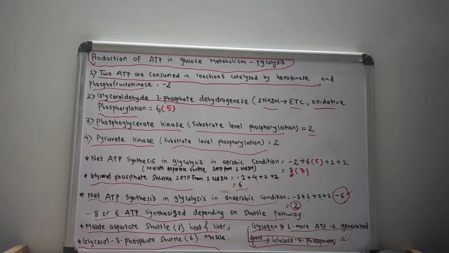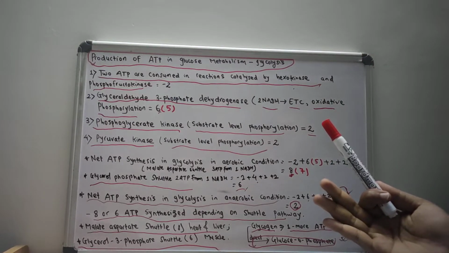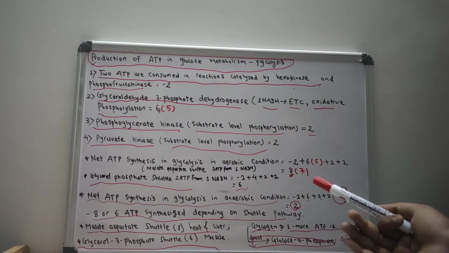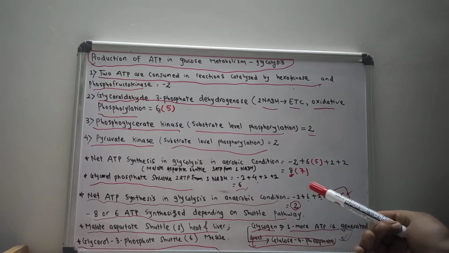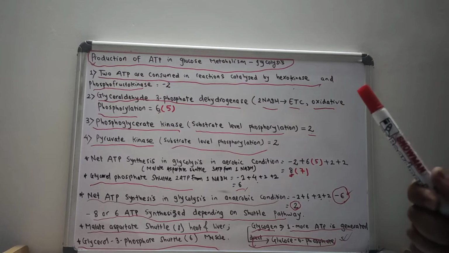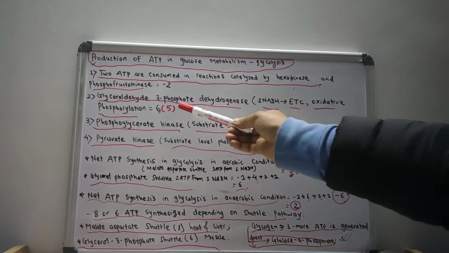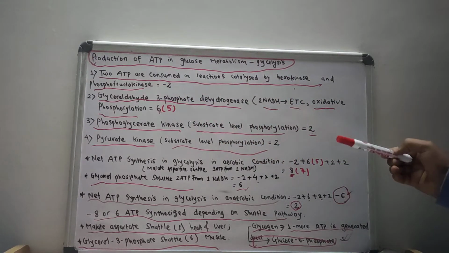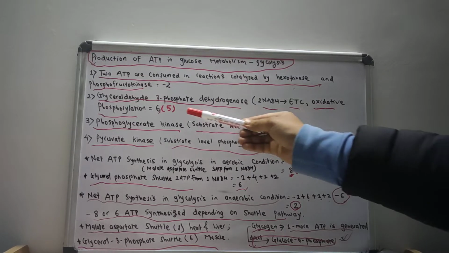So this is the concept of the production of ATP in glucose metabolism, glycolysis. I hope you understood this lecture, and at the end I want to tell you about these red figures.